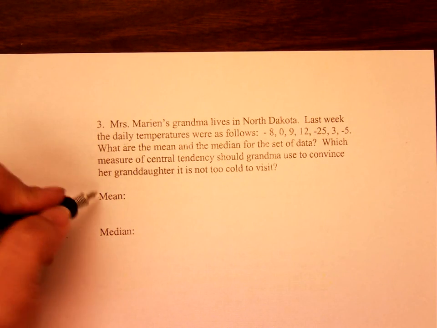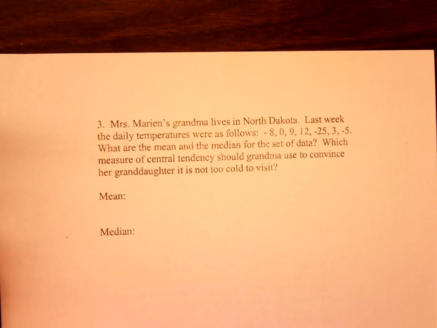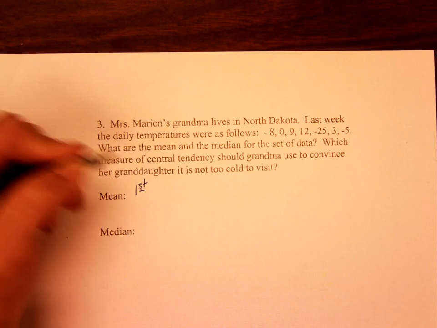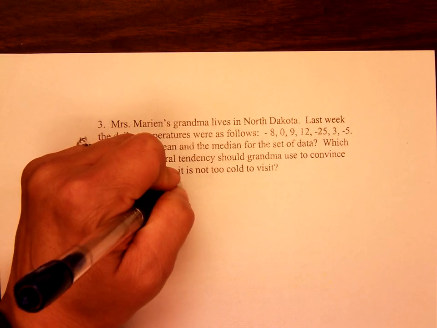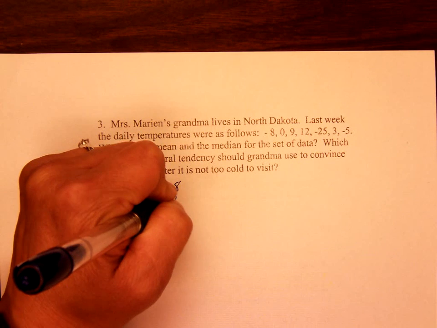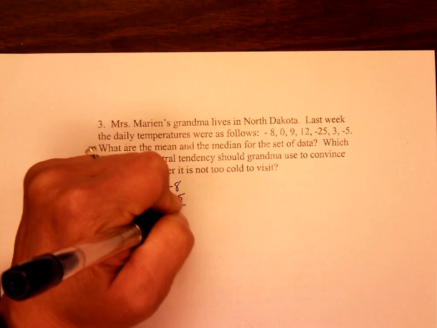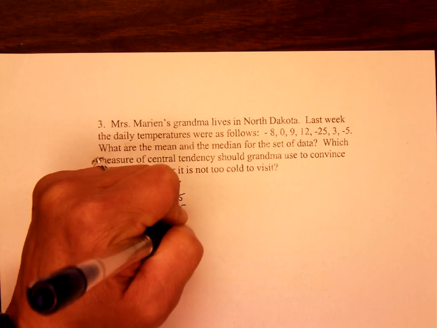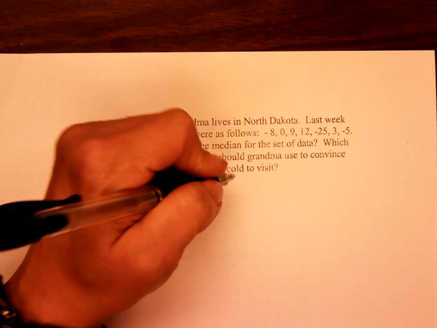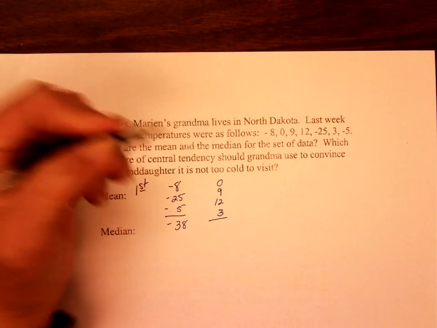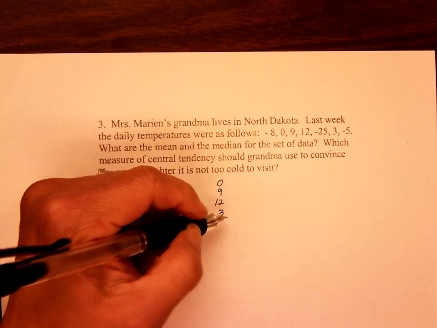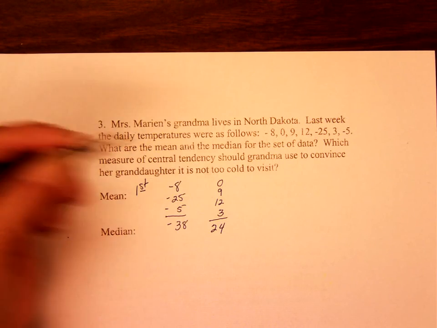All right, to find mean, I personally would do this step. So the first step is to add up all the numbers. I would add up all my negatives, -8, -25, and -5, and you get the total of -38. Then I would add up all my positives. You have 0, 9, 12, and 3. And you get 24.